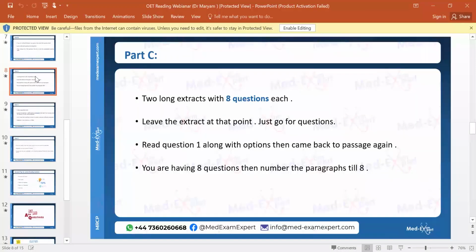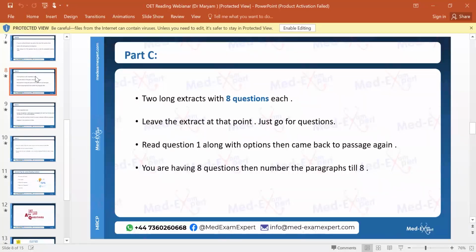Most students go here and there for the answers. If you didn't find the answer in paragraph number 1, then try paragraph number 2. I assure you that after paragraph number 2 you can't find the answer to question number 1.